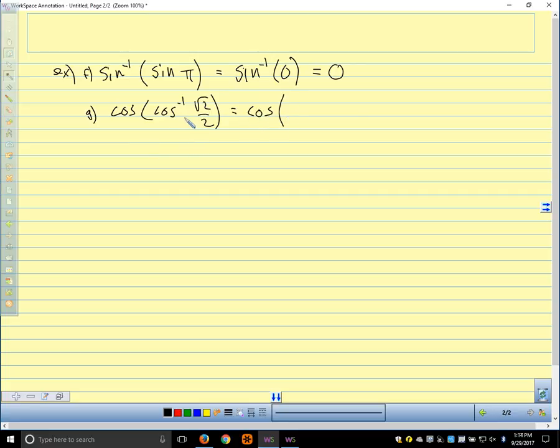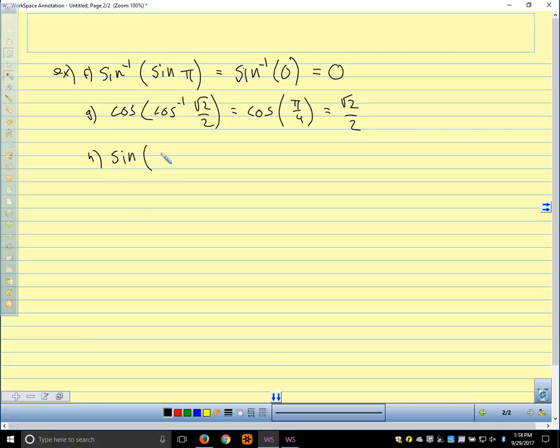What's the inverse cosine of square root of 2 over 2? What angle gives us that? Pi over 4. And what's the cosine of pi over 4? Square root of 2 over 2. Because we have a nice angle that's within our domain restrictions of the cosine function, they undo each other.